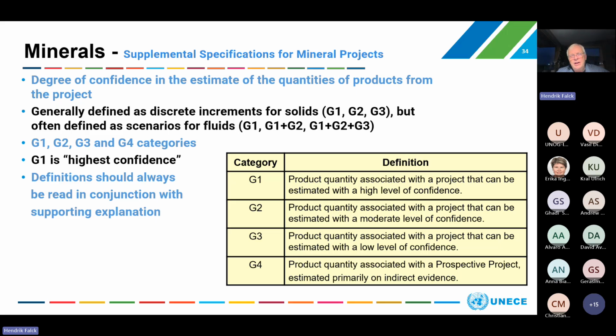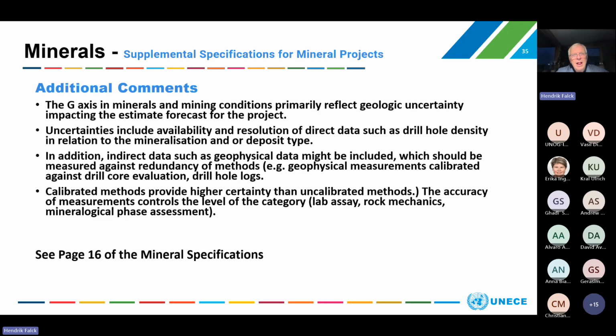So again, varying levels of confidence are built into the system, and how your project aligns with those levels of confidence is one of the challenges that you'll be facing. The G axis, as I said, I refer to as the geological axis because it primarily reflects the geological uncertainty impacting the estimate forecast for the project.